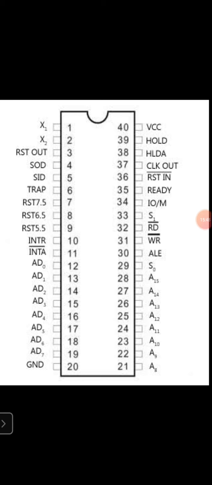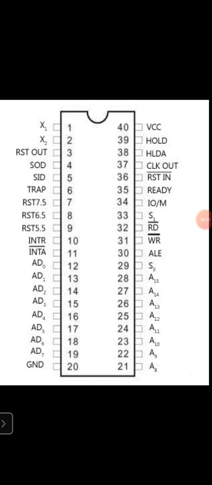At that time we need interrupts. There are 5 interrupts in the microprocessor. What are they? INTR, RST 5.5, RST 6.5, RST 7.5, and TRAP. These are the 5 interrupts.